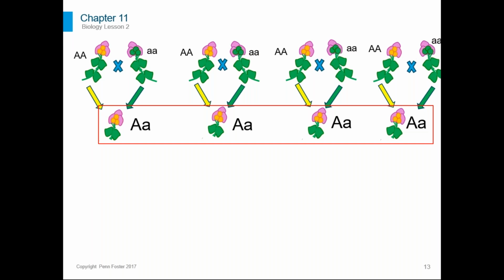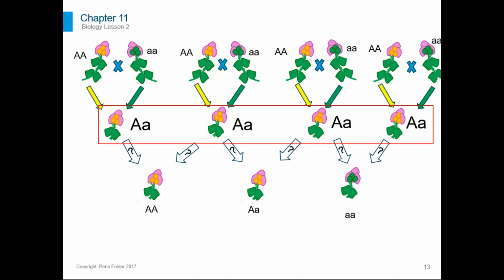A parent plant doesn't give both alleles to the offspring, it only gives one to each offspring. So the dad plant gives half of their offspring a yellow allele, but half of them a green allele. And the mom plants also gave half of their offspring a yellow and half of them a green allele. And because it's random, some of the baby plants got a yellow allele from each parent, some got a yellow from one parent and a green from one parent, and some got a green from each parent.